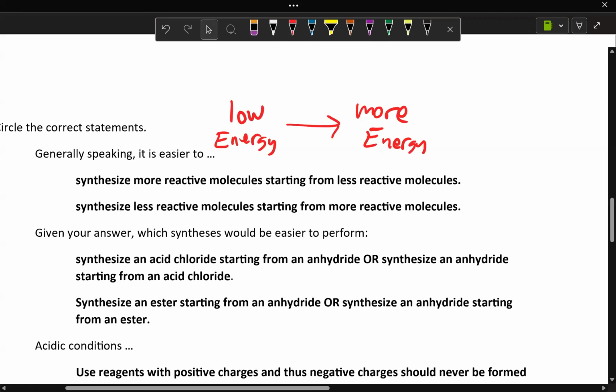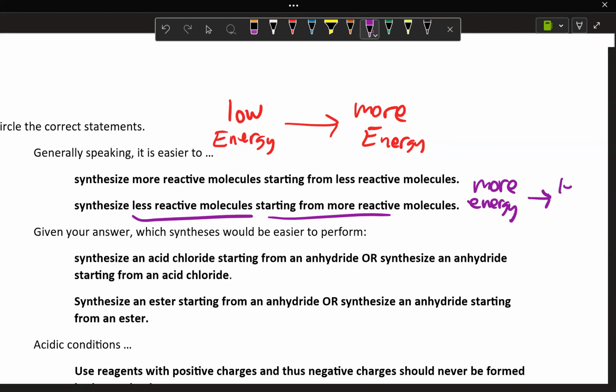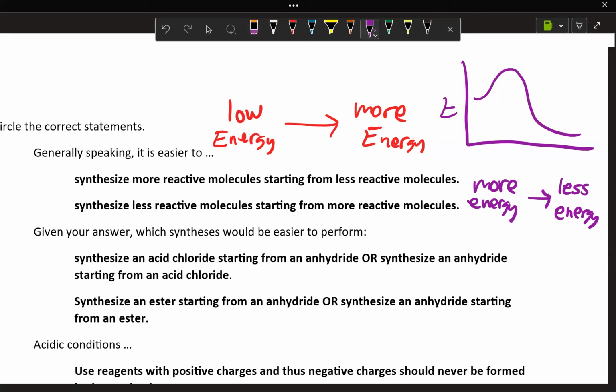And the second option is starting from a more reactive molecule, so starting from more energy and going to a less reactive molecule. Less reactive means less energy. So is it easier to go from low energy to more energy, or more energy to less energy? From the first rule of organic chemistry, the ball rolls downhill. It is always easier to go from high energy to low energy. So it's going to be the second one.